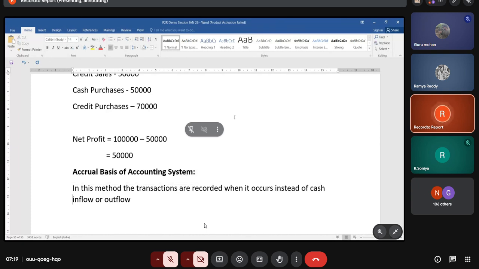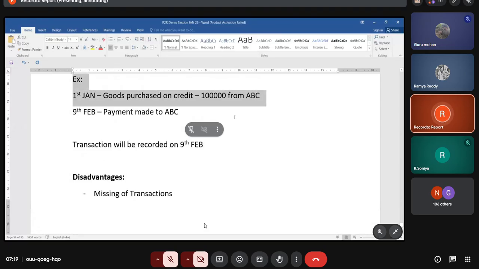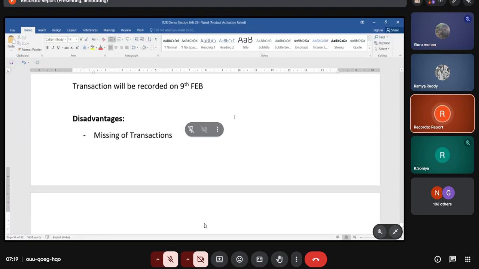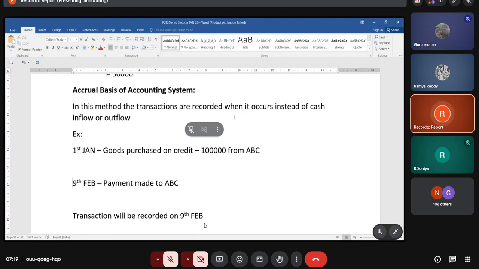Suppose we take the same example, where the transaction is incurred. The company will record the transaction on 1st January as a credit purchase, and on 9th February the transaction will be recorded as a payment to the vendor.